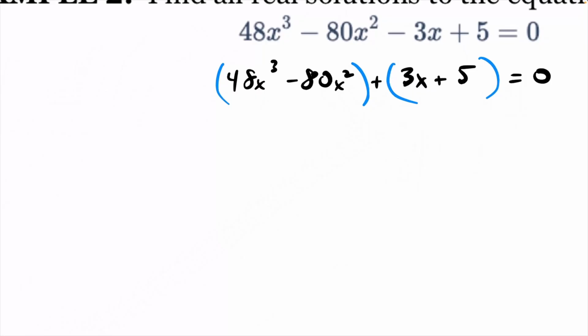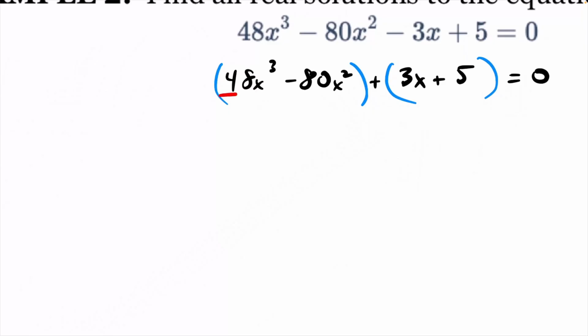Okay? First group in blue parentheses. What's the GCF there? What's the biggest number and the most amount of powers? So it's actually going to be more than 8. It's actually 16. Yeah. 8 goes in, 4 goes in, 2 goes in, but we want the biggest. So the biggest is actually going to be 16, x^2.